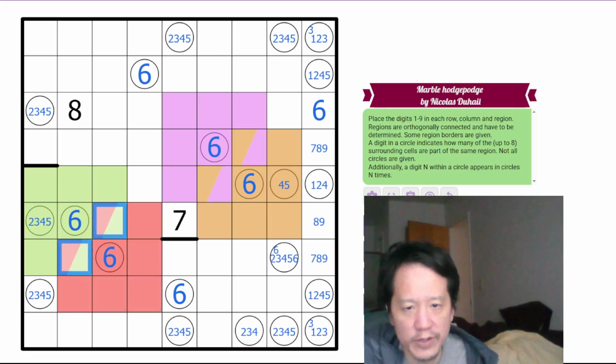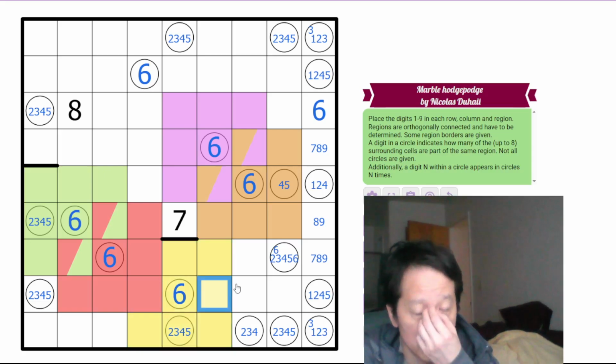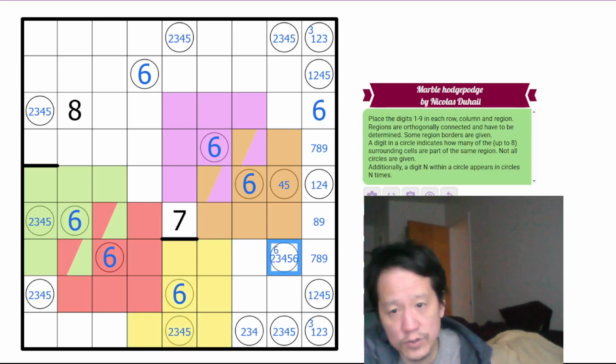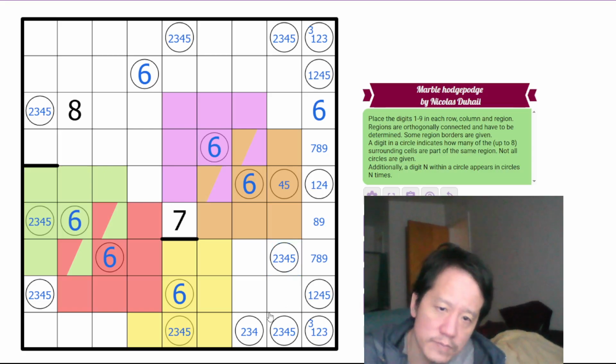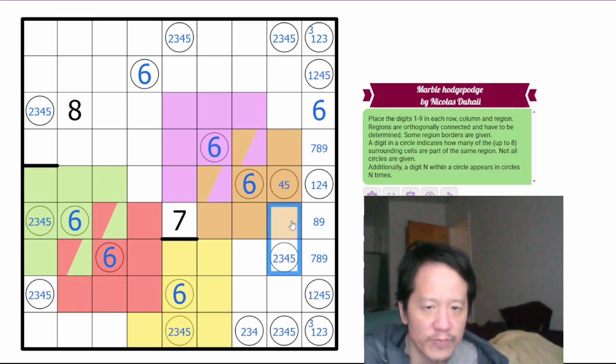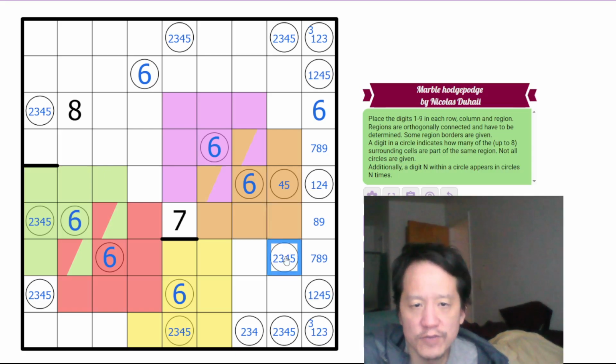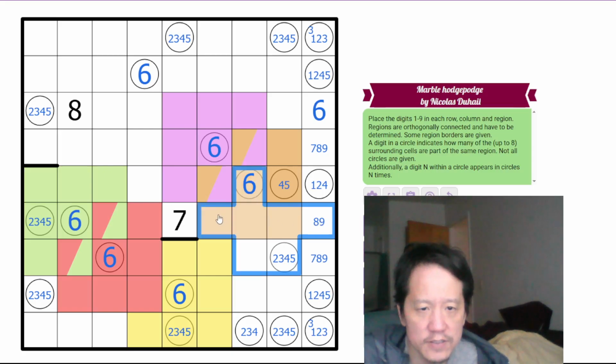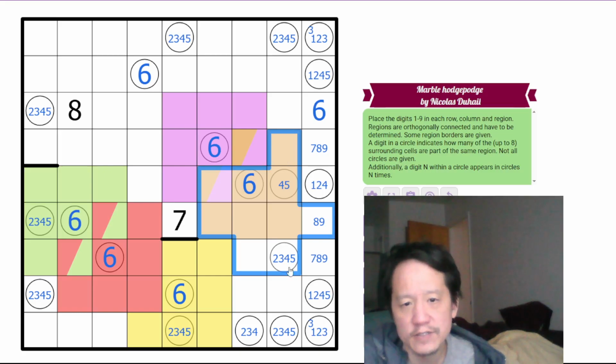We'd have a green-red pair. One of them green, one of them red. This has to be yellow. So this could not be 6. This can't be 4 or 5, I don't think. Say this is 4. And sorry, could be 4 or 5, but it can't be orange 4 or 5. If this is orange 4 or 5, that would mean we have 1, 2, 3, 4, 5, 6, 7, 8, 9, 10 digits.